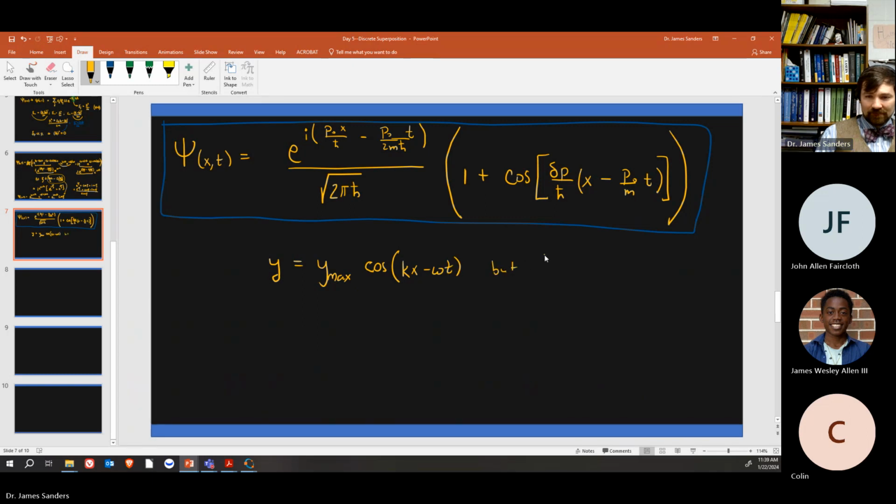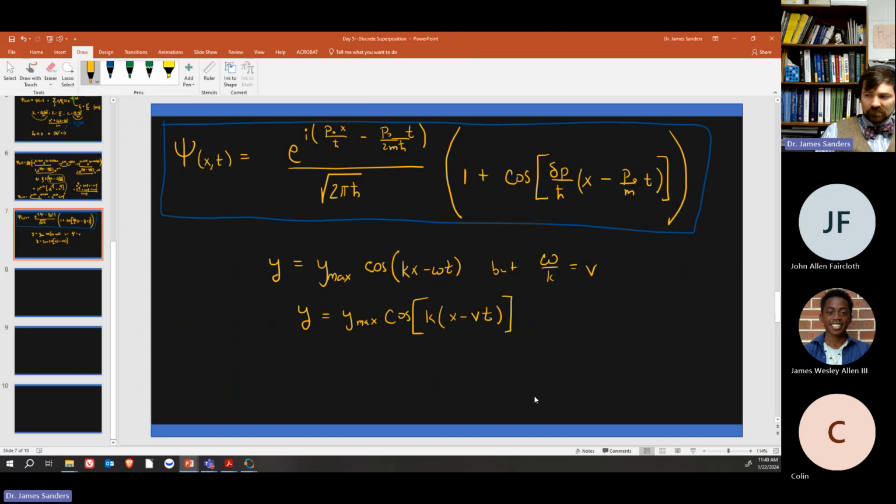But if you do omega over k, you get the speed. And so this right here has the form y max cosine of k times (x minus v times t).